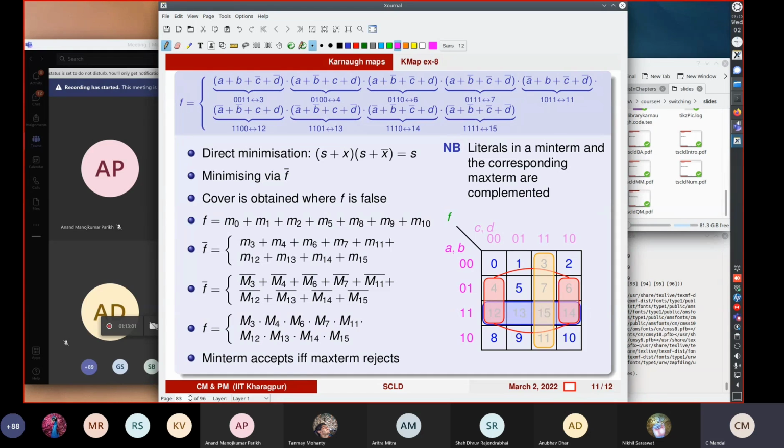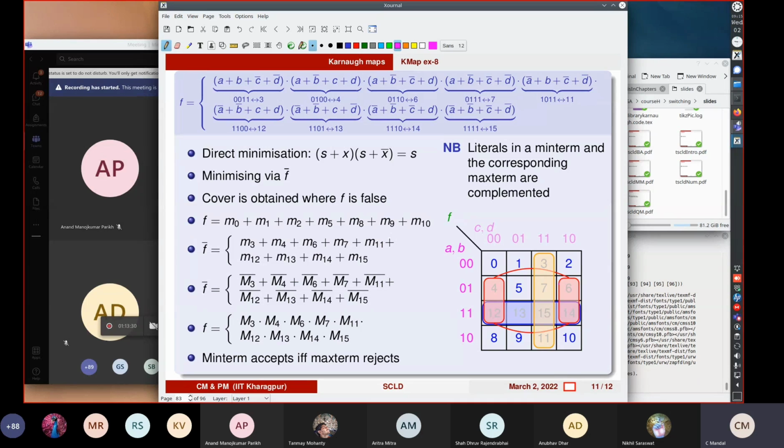So if you want to minimize a function through its complement, that's when you can use this Carnot map over max terms. Independently, if you have a function given to you in this form, you can still use the Carnot map in this form. Okay. So is that okay?